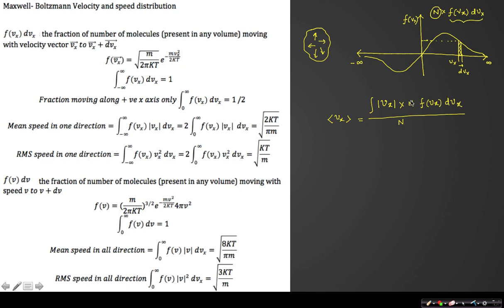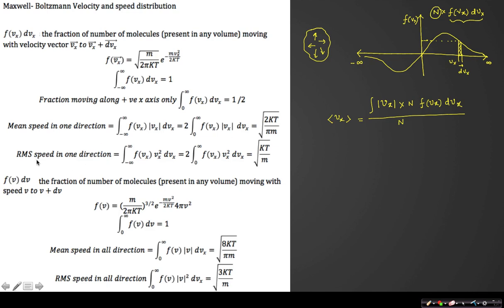Right? So N gets cancelled out, and you will find that this is the integral from minus infinity to plus infinity, the total domain of the gas molecules, of f of Vx into mod of Vx dVx, which is 2 times the integral from 0 to infinity of f of Vx mod of Vx dVx, and the value you should remember is root over of 2kT by pi m.